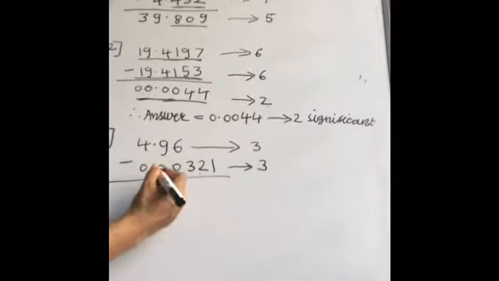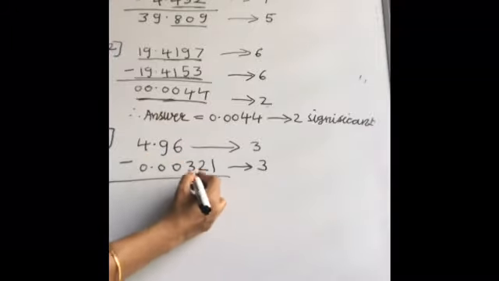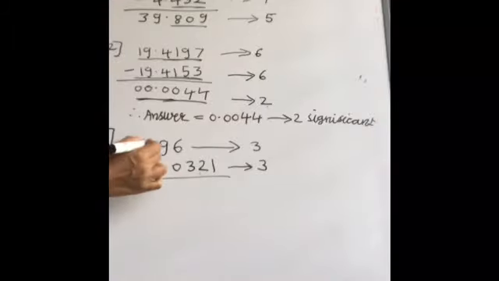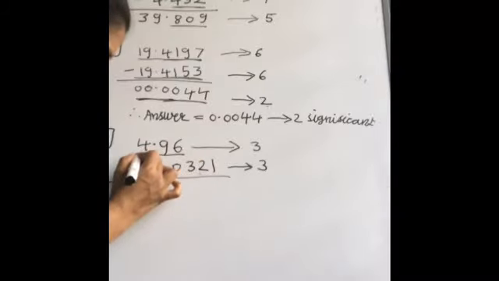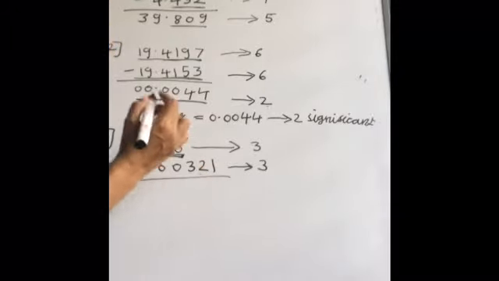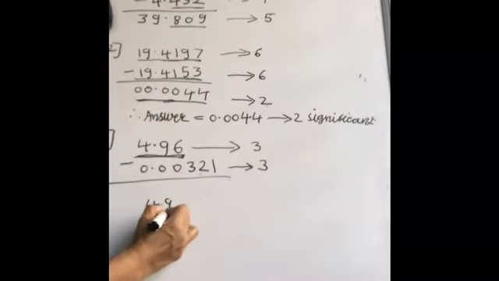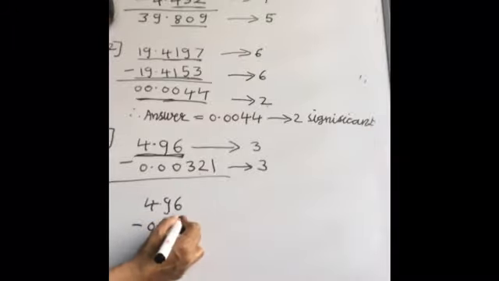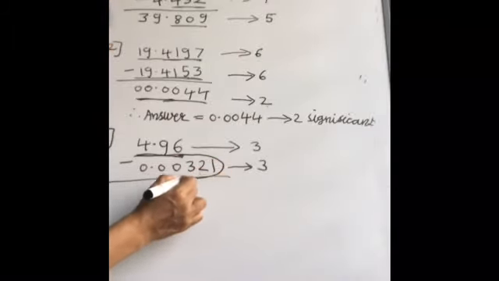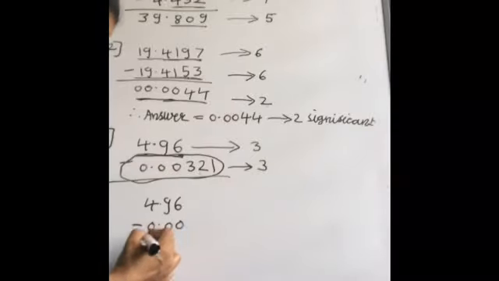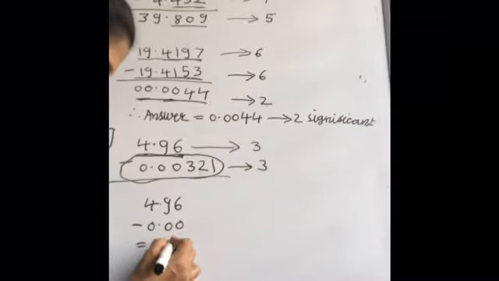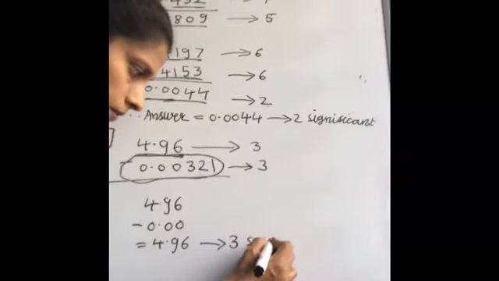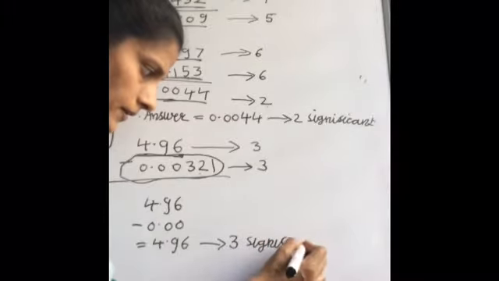If you make the subtraction, your first rule is to find the minimum number of digits after decimal. Here the minimum number of digits after decimal is 2. So we take 4.96 minus 0.00, meaning this figure should not be considered in your subtraction. So your answer is 4.96 having 3 significant figures.